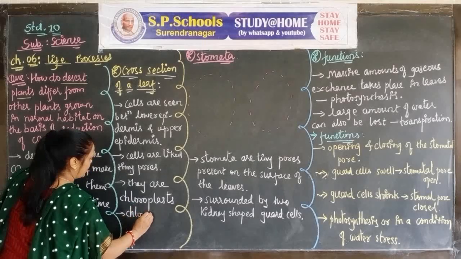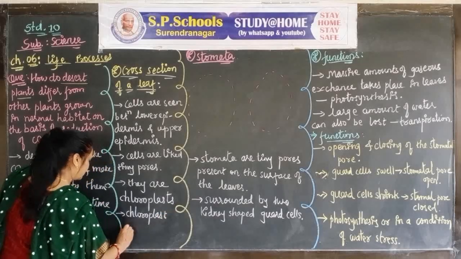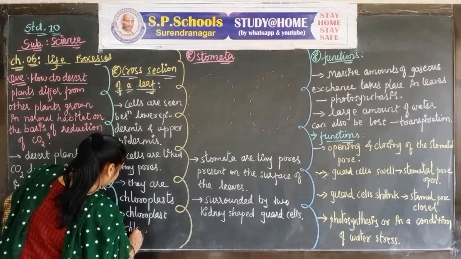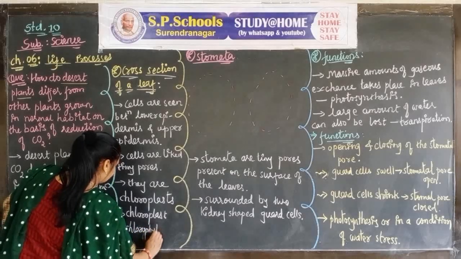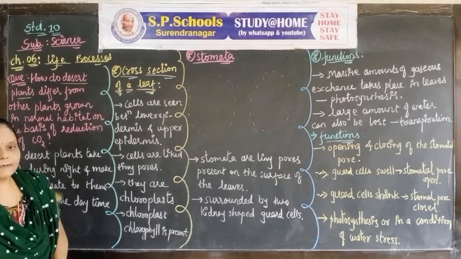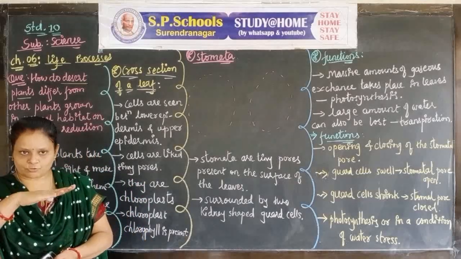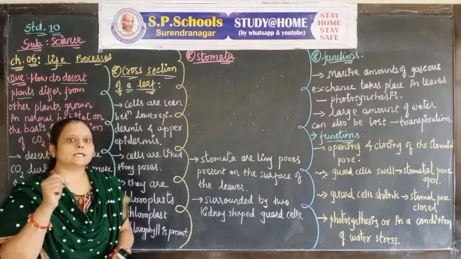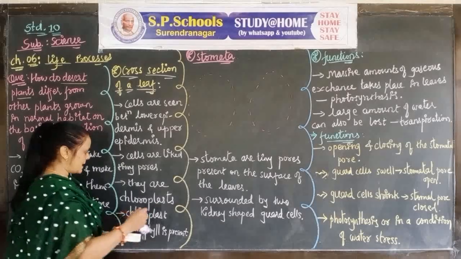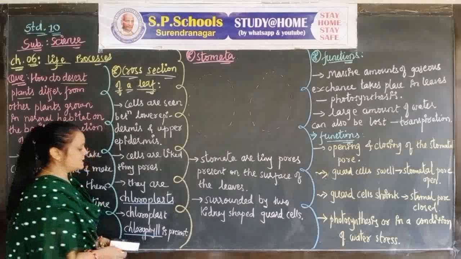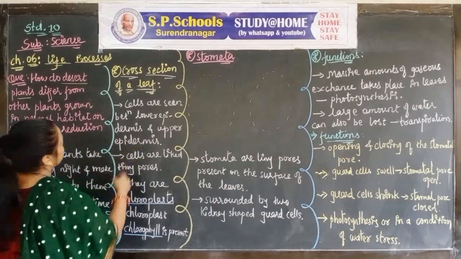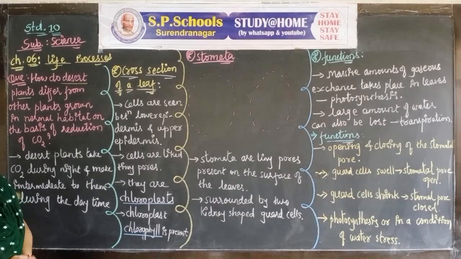In chloroplast, chlorophyll is present. So here are one mark questions: one is desert plants, and the other is the cross section of a leaf, and this is also important in the MCQ.